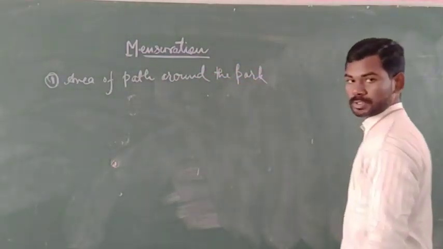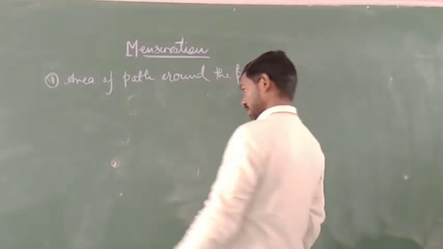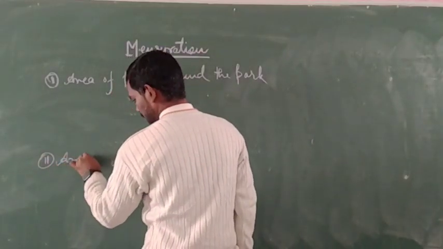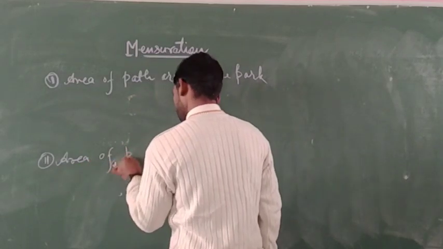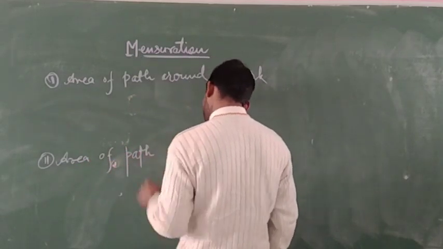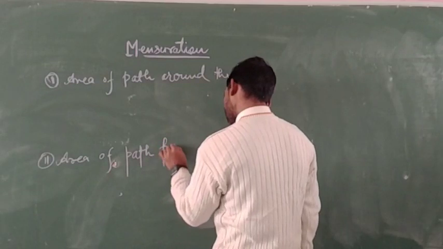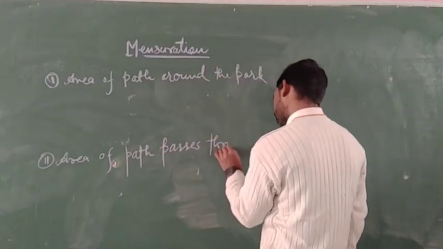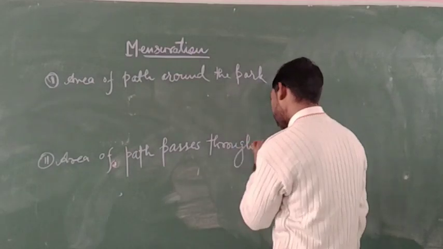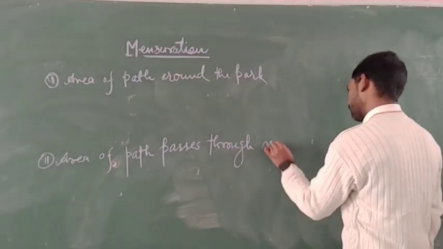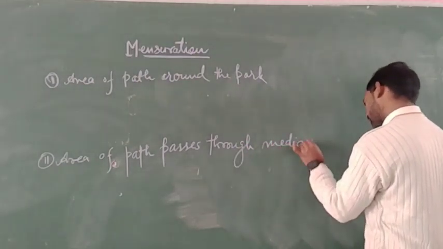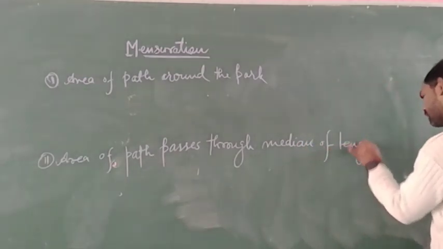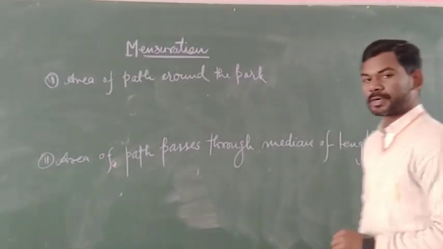So this was the first, and the second was area of path passes through median of length and breadth.